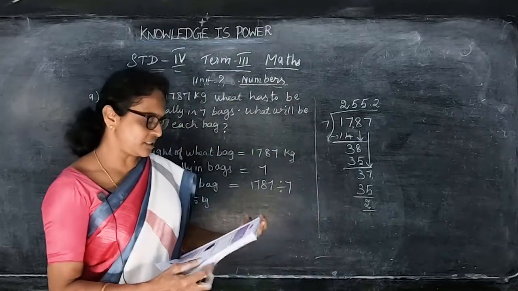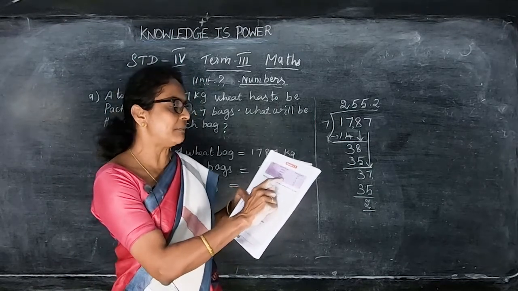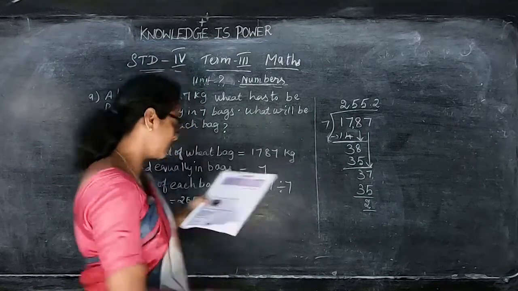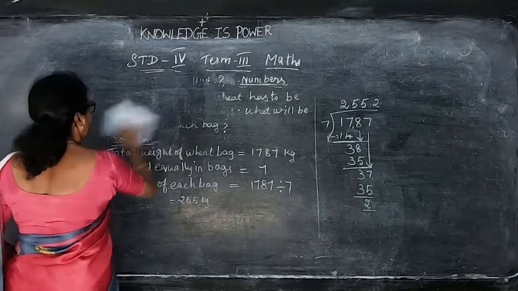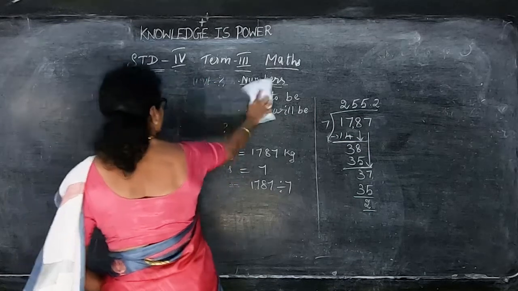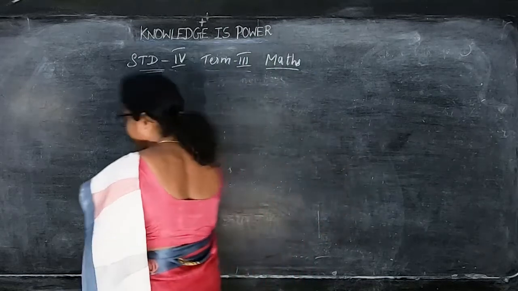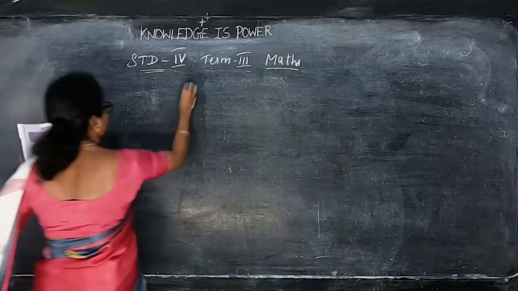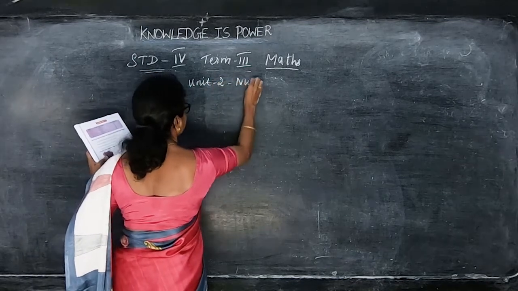Here in this exercise number 2.3, they have given the raw rice, boiled rice, wheat, tamarind, red chilli சொல்லி prices கொடுத்துருக்காங்க. அதுக்கு வந்து how to frame the questions. How we are going to frame the questions. I will write this. Unit 2 numbers.